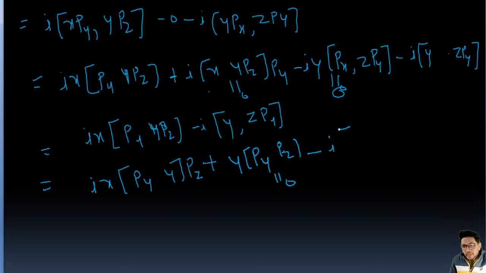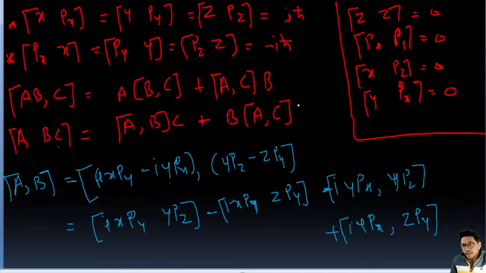Similarly here Y Z PY, this term is also going to be 0. PY, okay, YZ is 0 because I've told you. Apart from these, PZ, Z, PZ all are going to be 0 apart from these two relations.